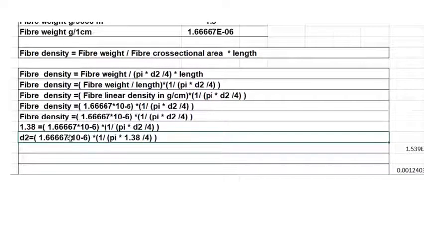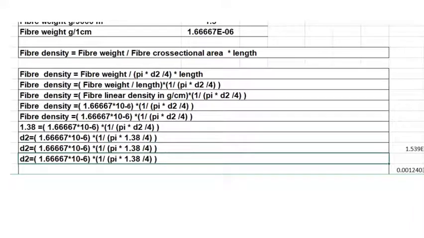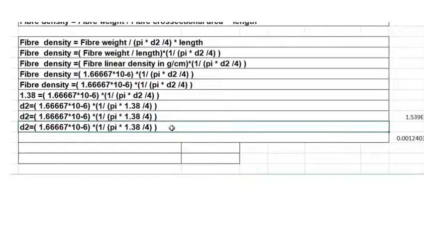So now we are rewriting. We are bringing the d square, which is in the denominator on the right hand side, to the left hand side, and we are bringing 1.38 to the right hand side denominator. And next, d square is equal to the value divided by the same. So now substituting all the values and taking the square root, we'll get this answer.